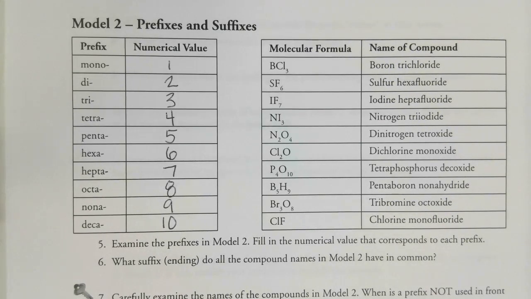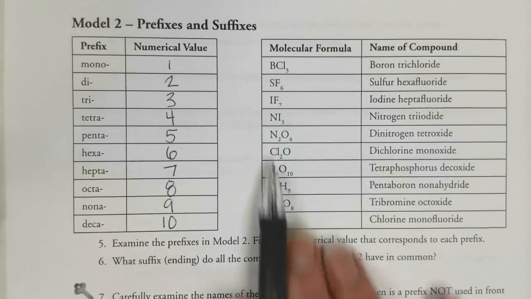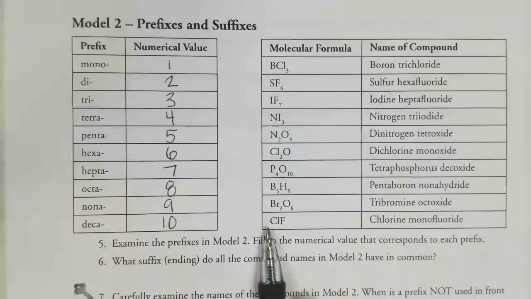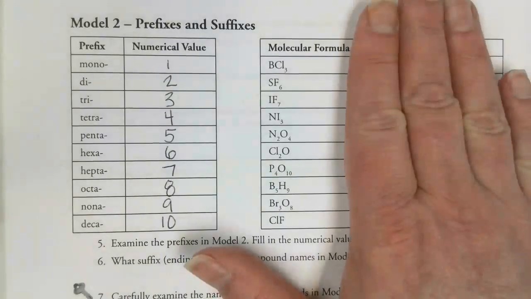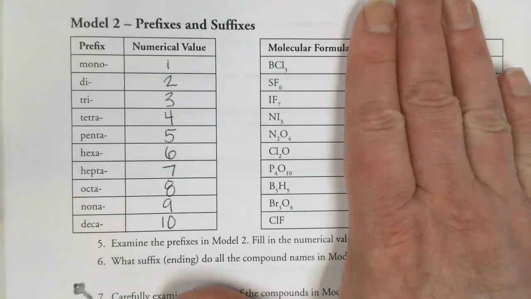Alrighty, so it's nice here because when you use these prefixes, the names really totally make sense. If we look at these chemical formulas over here, we can easily tell what the names are. You put the prefix in front of the name of the element, and then if it's the last one listed, you drop the ending and add IDE.